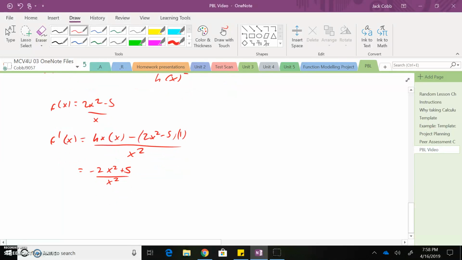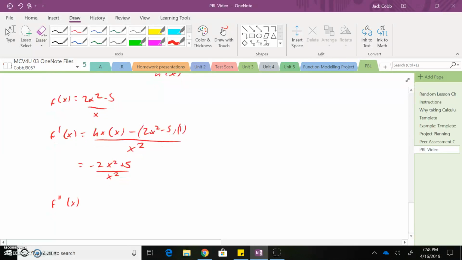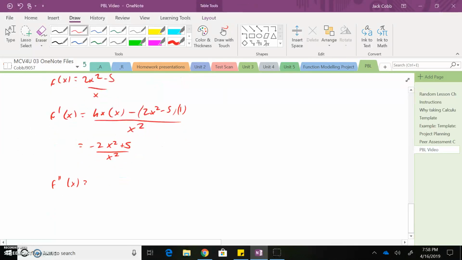And then f double prime of x is going to be the exact same situation. We get the derivative of the first, which is negative 4x, multiplied by x squared, minus (negative 2x squared plus 5) multiplied by 2x, all over x to the power 4.